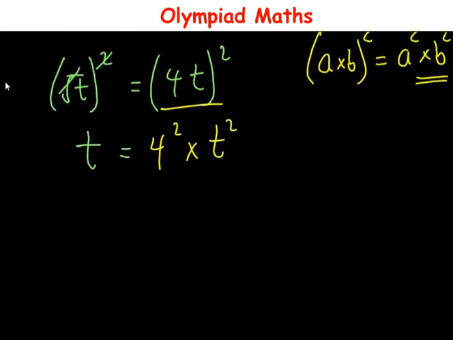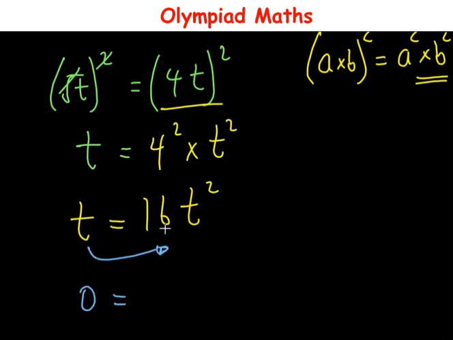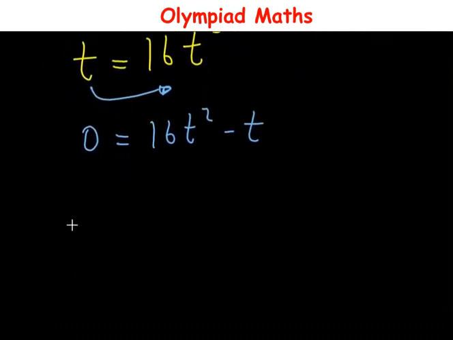So from here, t is then equal to 4 squared is 16 times t squared. With this, move t over to this side. Here becomes 0 equals 16t squared minus t. So if we rearrange this, we have 16t squared minus t equals 0.